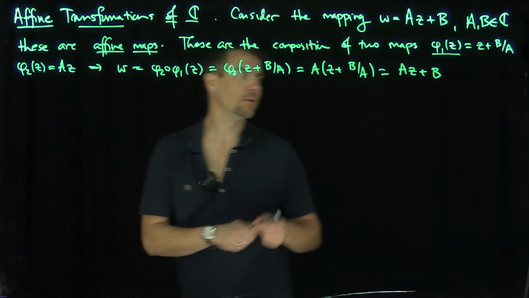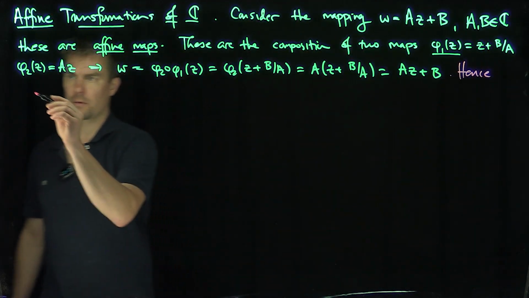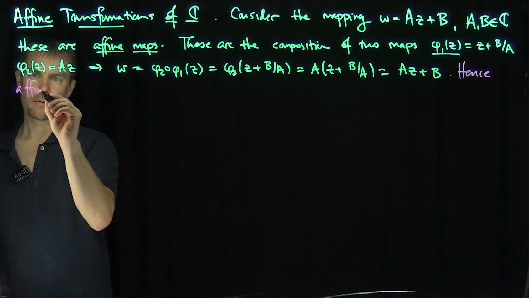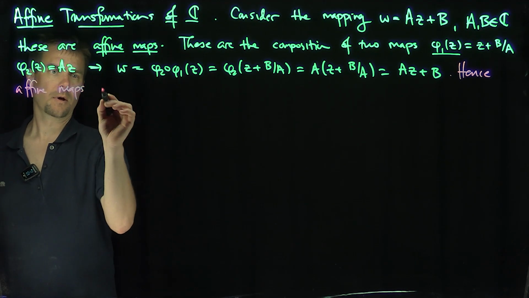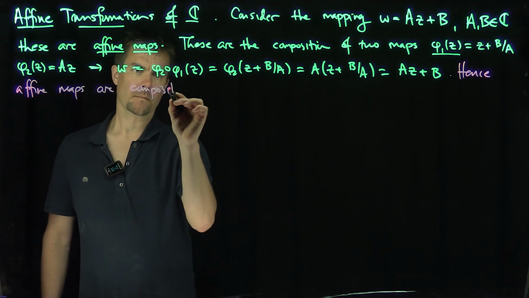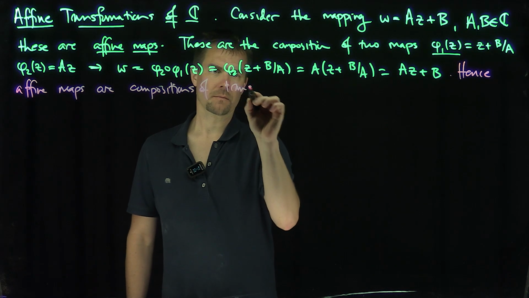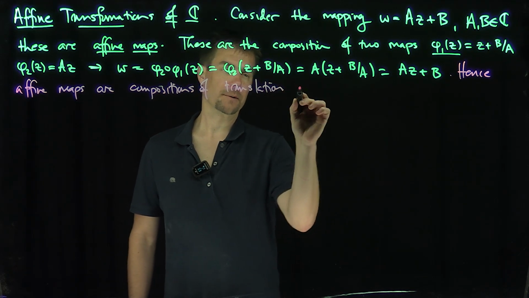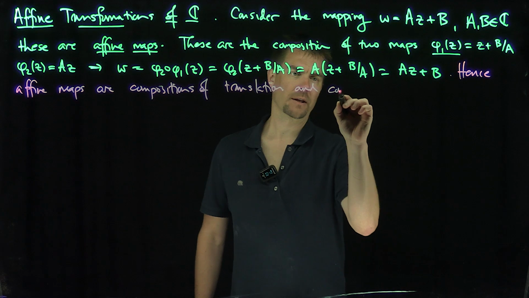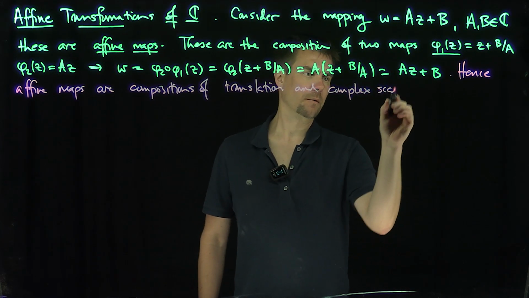Hence affine maps are compositions of complex scaling and complex translation.